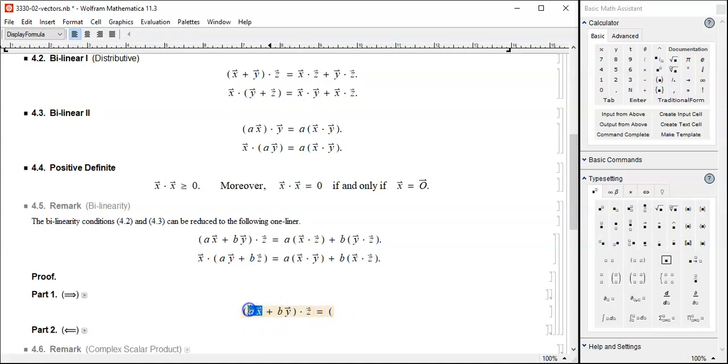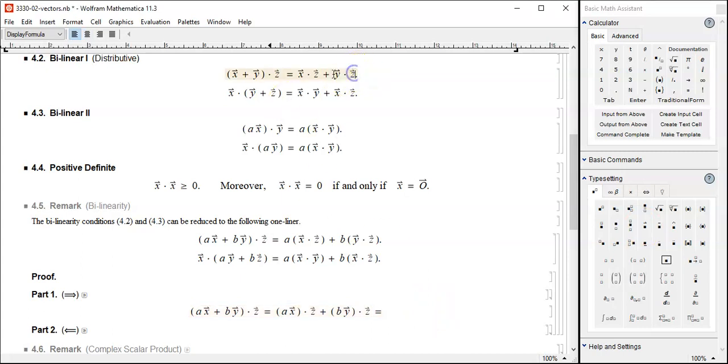So AX and dot product of Z. Not enough space. Put some space so that I can easily read. Okay, and then BY times vector Z. So what did I just use?